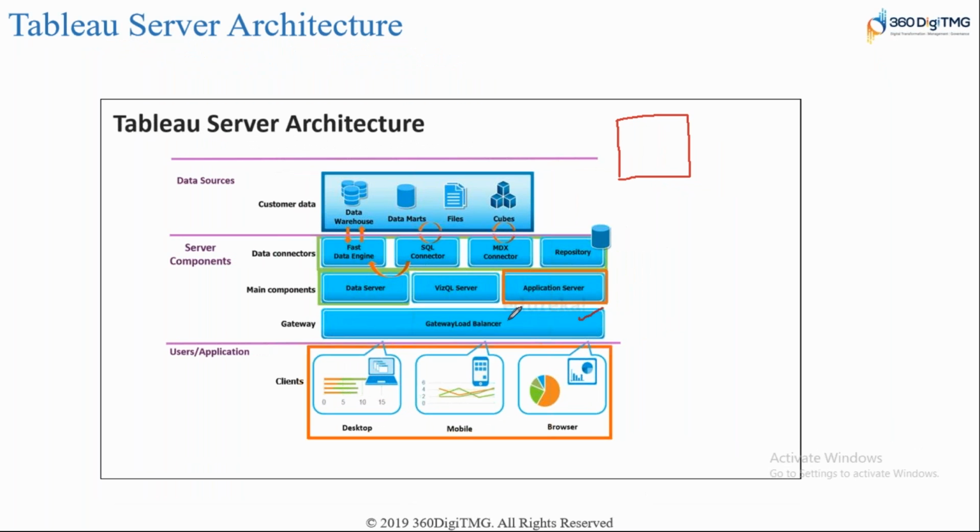So in that kind of environment, the organization will set up one machine as a primary server and multiple other machines as worker servers: worker server 1, worker server 2, worker server 3, and so on.